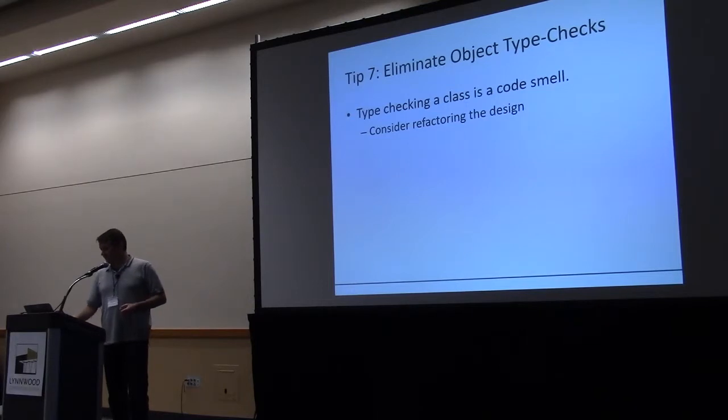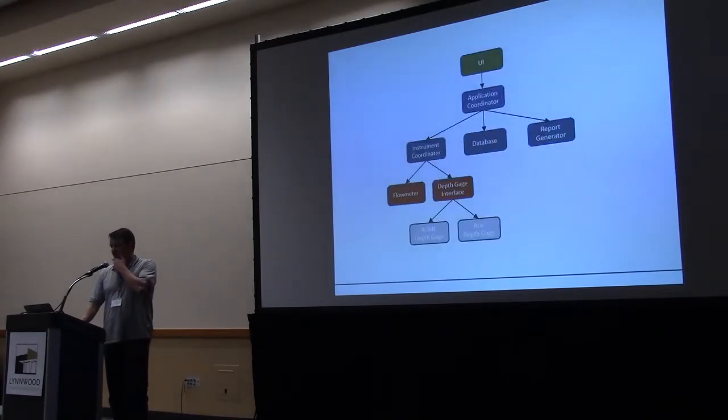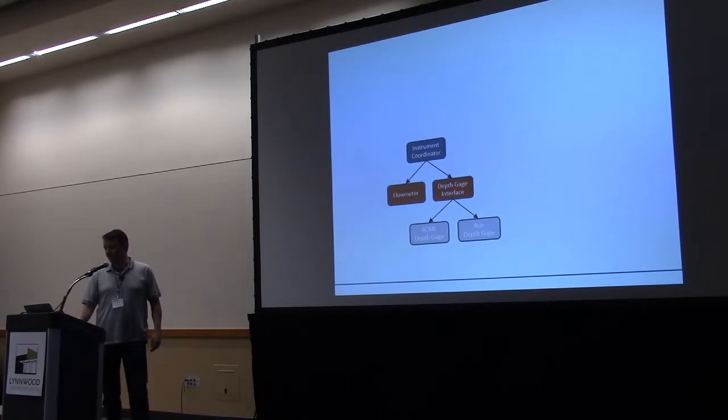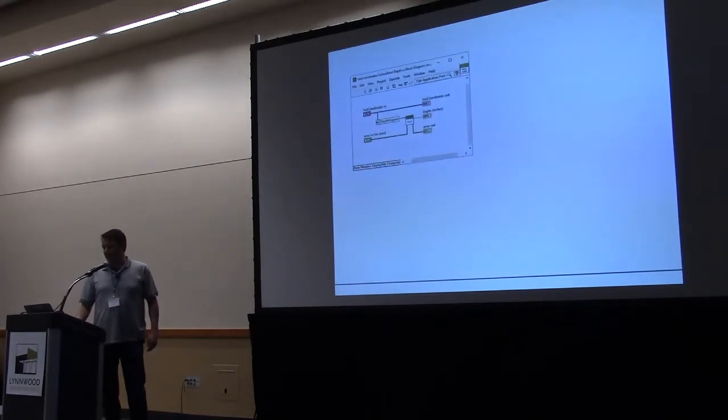Okay, tip number 7, eliminate object type checks. Let's go back to our river monitor here. We're just going to look at this particular part right here. Instrument coordinator, the depth gauge interface, and then we've got our 2 depth gauges.